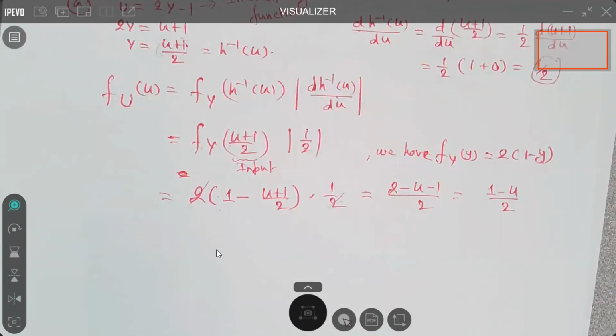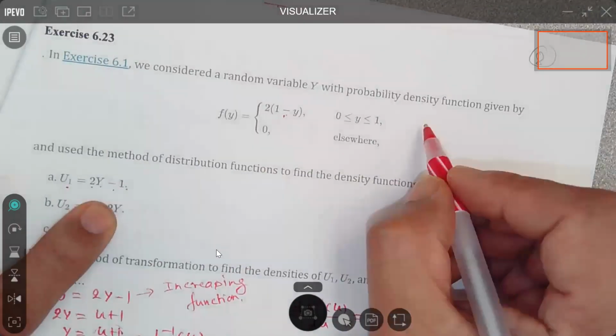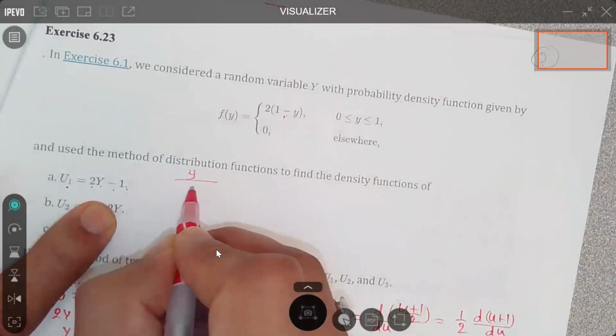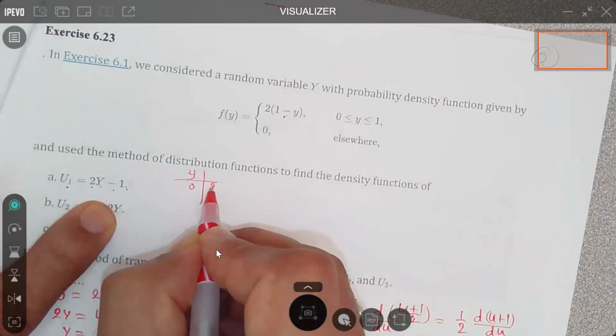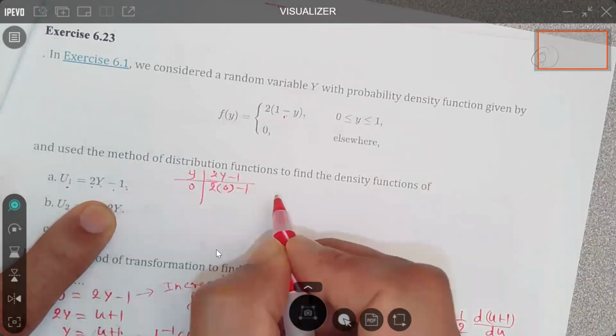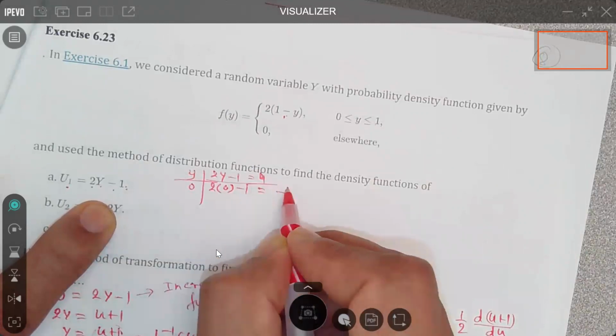Now we have to look for the support for u. Look for the support for u, right? Now you see here, whenever y equals 0, then 2 times 0 minus 1, so 2y minus 1. So this is equal to u equals -1, right?